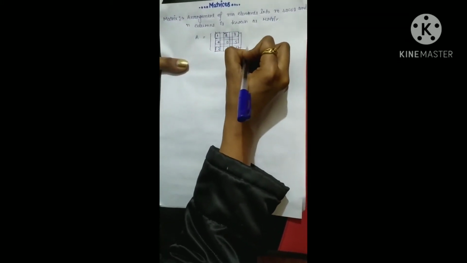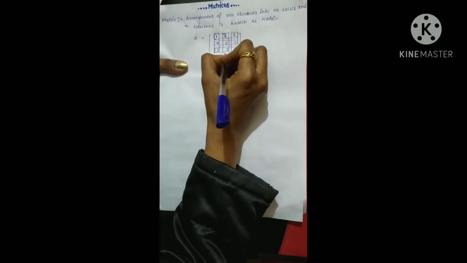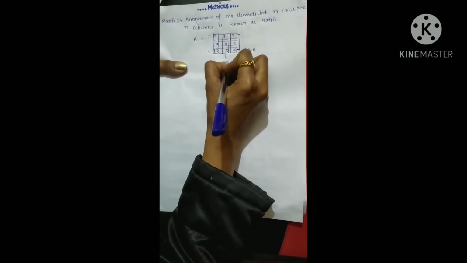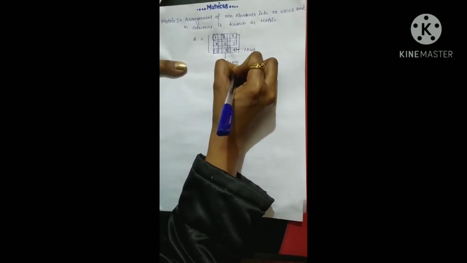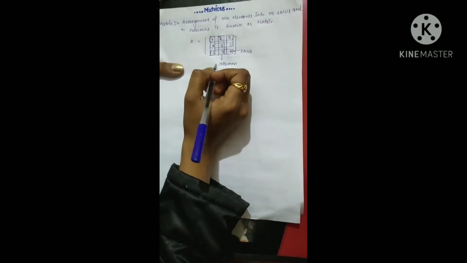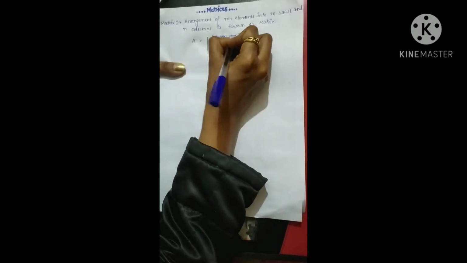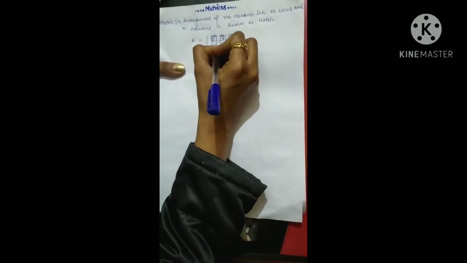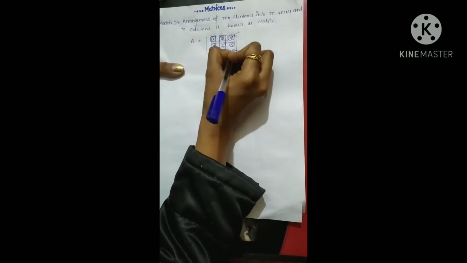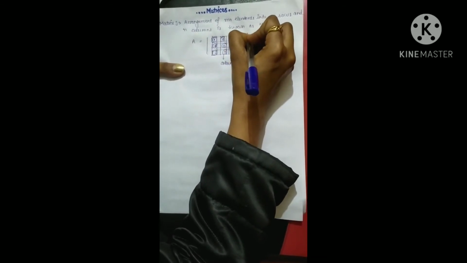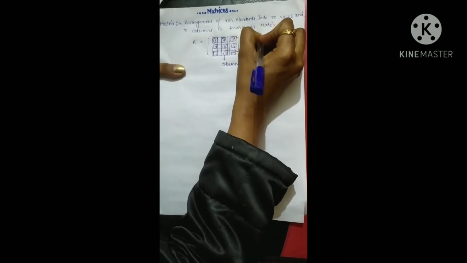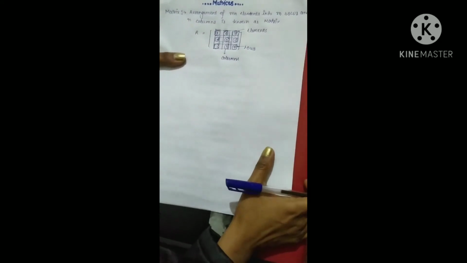These are the rows and these are the columns. Now, what are the elements of the matrix? These numbers are the elements of the matrix.